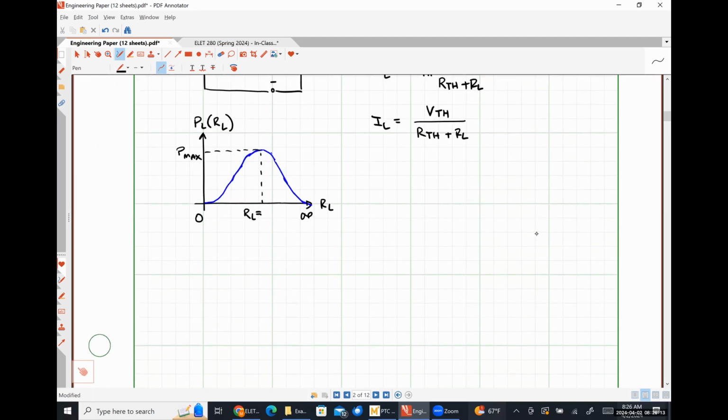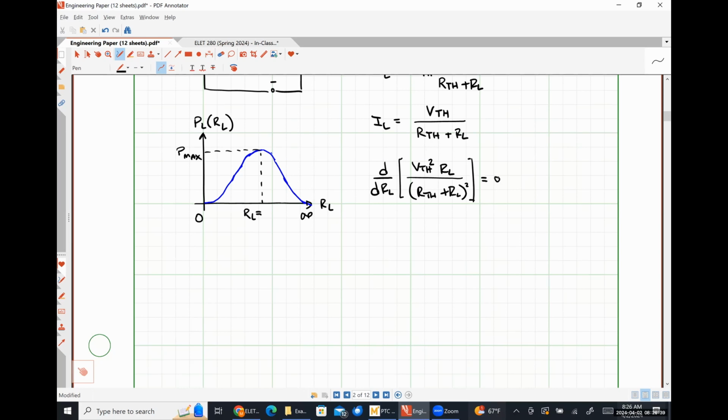So we would be taking the derivative with respect to RL of V Thevenin squared times RL over R Thev plus RL quantity squared. Take the derivative and set that equal to 0.